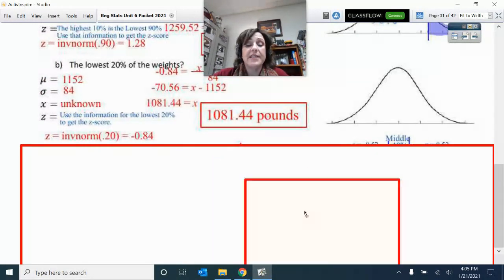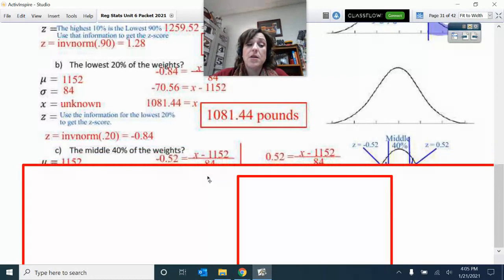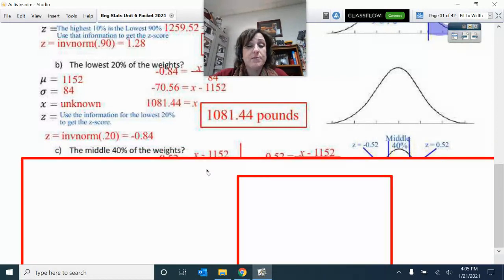Now look at this next one, middle. Remember that the middle is between two z-scores, so you're going to end up having to do two problems. If I have the middle 40%, then what remains outside the two edges, the tails, is 60%.